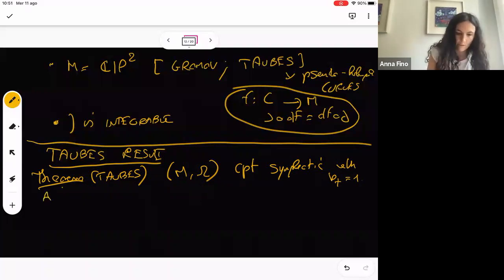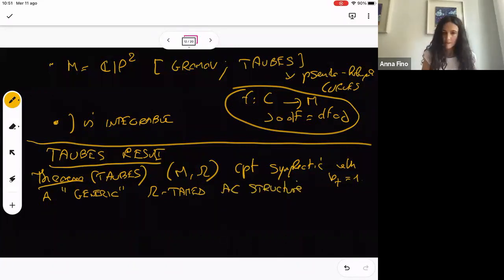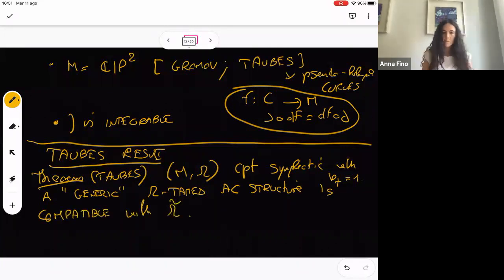I will explain in a moment what that means. It shows that the generic omega tamed almost complex structure on M is compatible. So it's calibrated. It's compatible with a symplectic form omega tilde symplectic form on M.